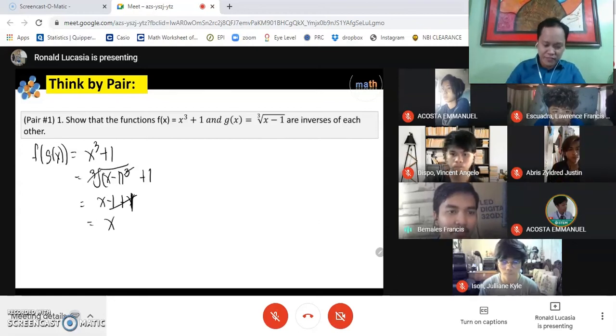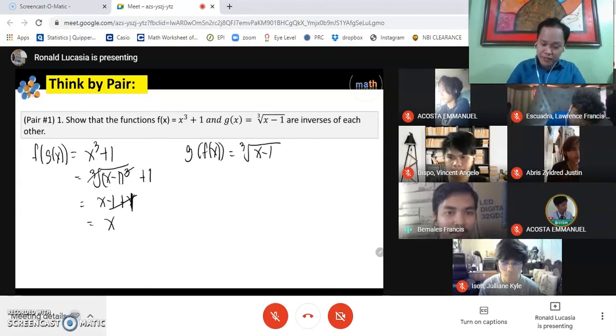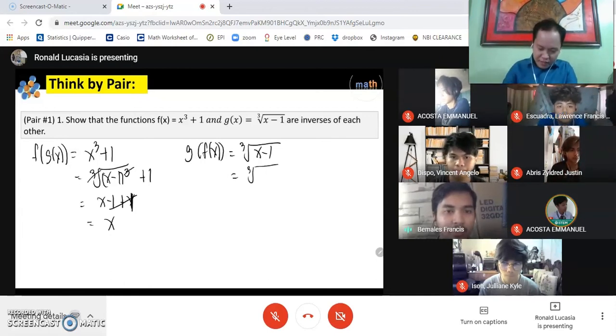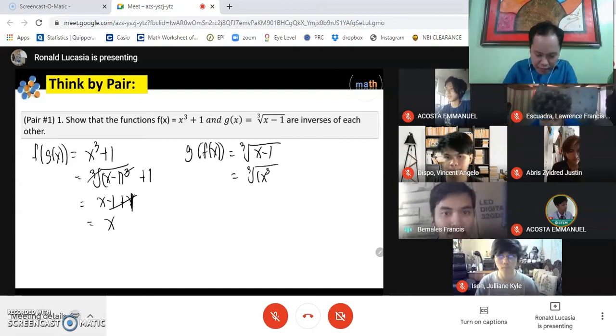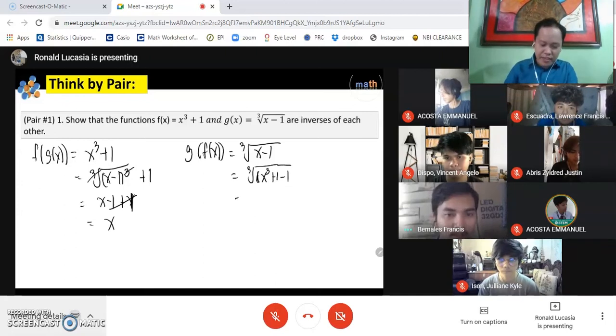And for g of f of x, cube root of x cubed plus 1 minus 1.